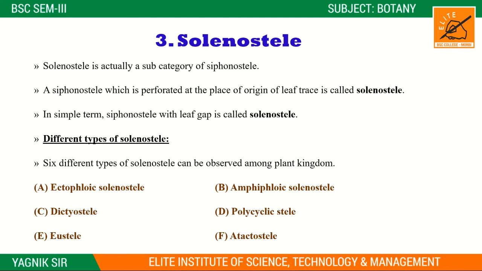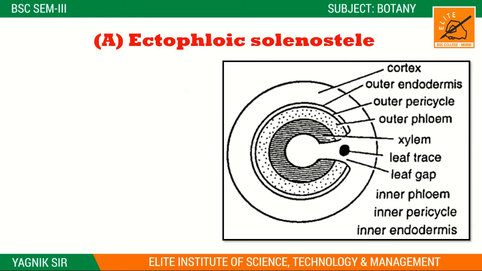Another is amphiphloic solenostele, third is dictyostele, fourth is polycyclic stele, fifth is eustele, and last is atactostele, right? So first, ectophloic solenostele, and this stele is derived into ectophloic siphonostele, right? This is ectophloic solenostele, and this derived into the ectophloic siphonostele.